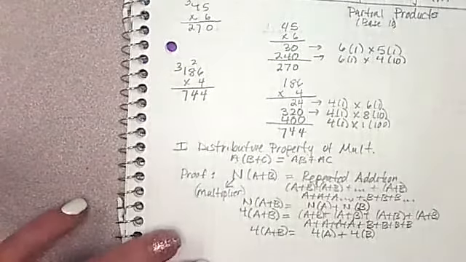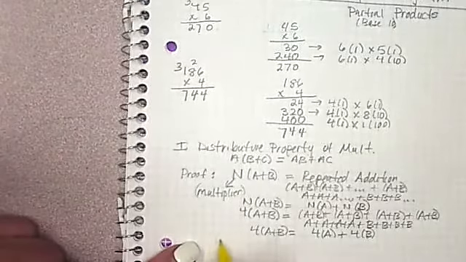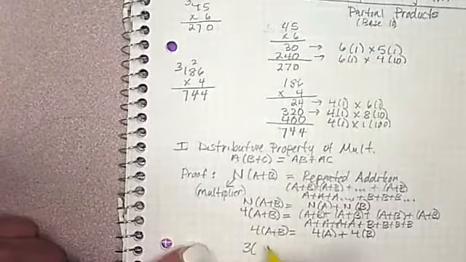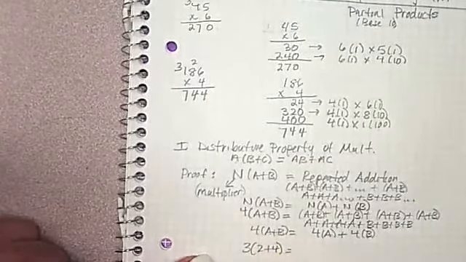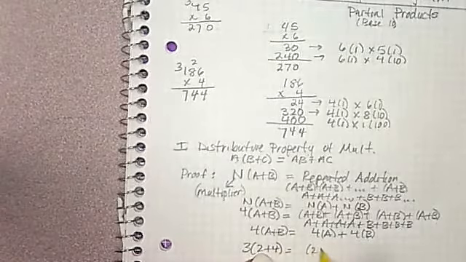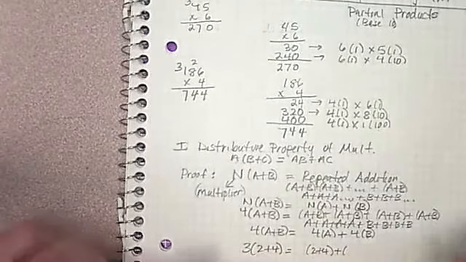Now let me show that to you with just a regular example. Let's say we have 3 times, let's just do 2 plus 4. So we're going to do this 3 times. So 2 plus 4.